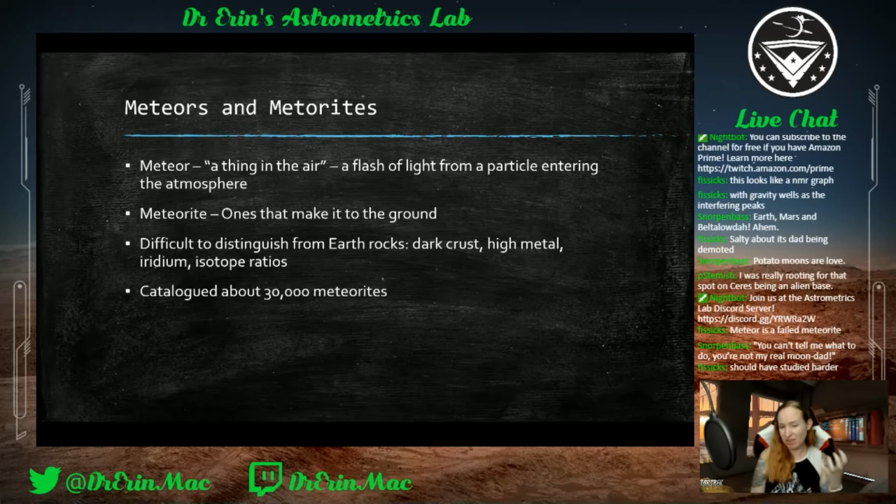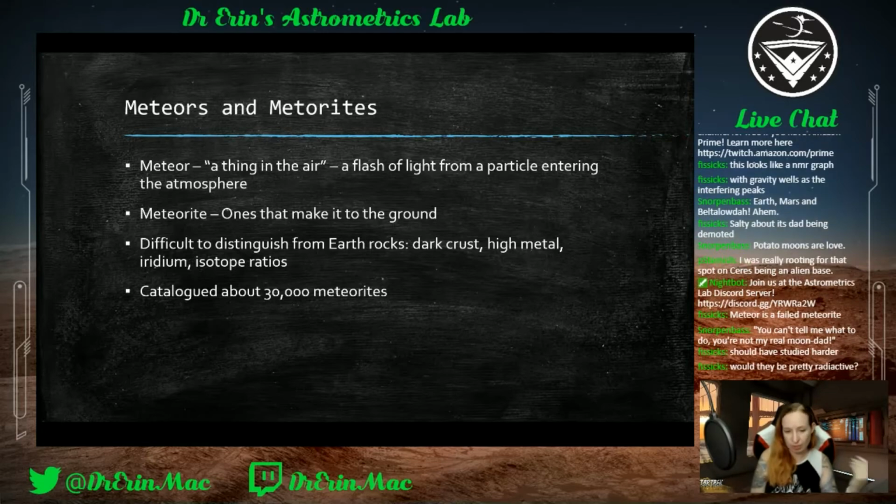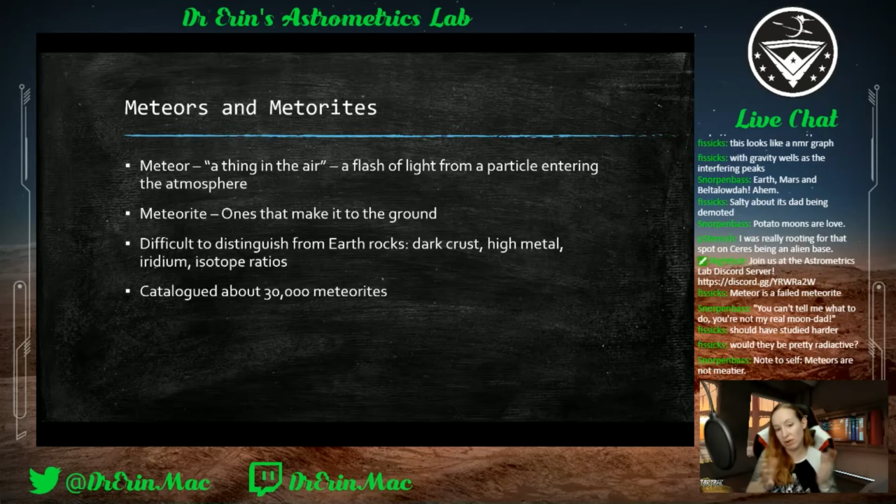They also have high amounts of iridium, which is pretty rare here on Earth itself, but is more prominent elsewhere in our solar system. And then you can look at the ratio of the isotopes that you have there. Remember, this is decaying isotopes. So, for example, going from carbon-14 decaying down, that ratio will be a little bit different than rocks you find here on Earth. So those are all the different ways that you can analyze if something is a meteorite or if it's just a cool, shiny, metallic rock that we found here on Earth that has been here from the beginning.